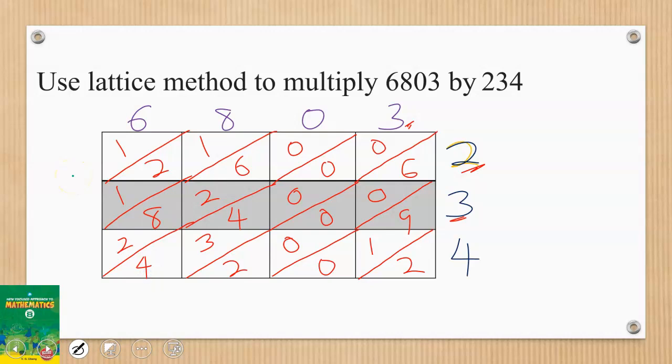So we do our summation from down here. Always we start from the last point here. So here we're going to have 2, only 2 is there. Then we add diagonally like this, and that will give us 10. So 0, remainder 1. Then in this direction we have 8 plus 1, so 9. Then the next diagonal we have 0, 0, 0, 4, 7, plus 4 again will give us 11.